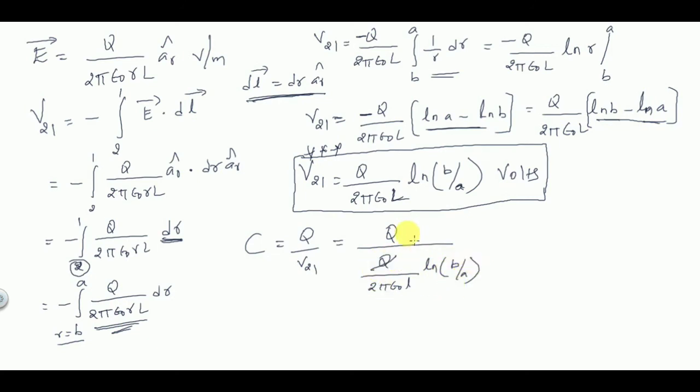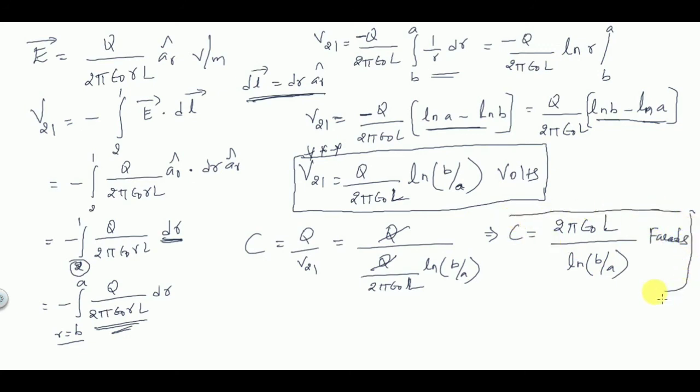So Q and Q get cancelled. The capacitance becomes 2 pi epsilon naught L divided by natural logarithm of b by a farads. This is one more formula you have to remember.